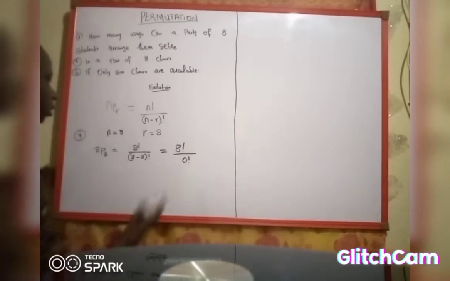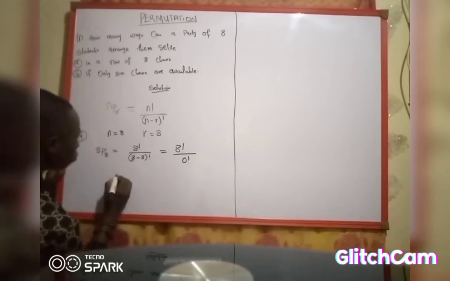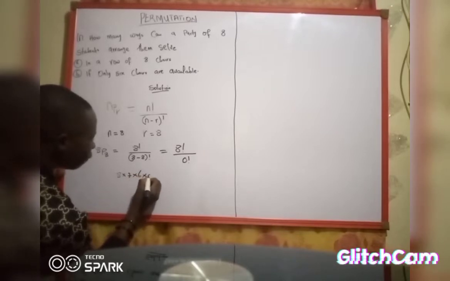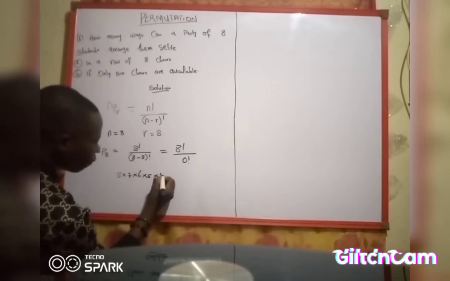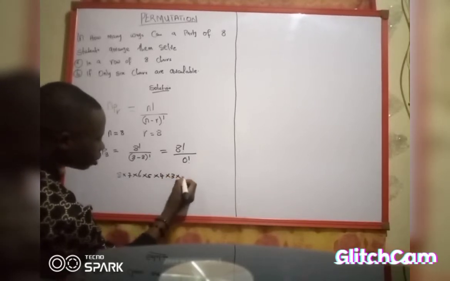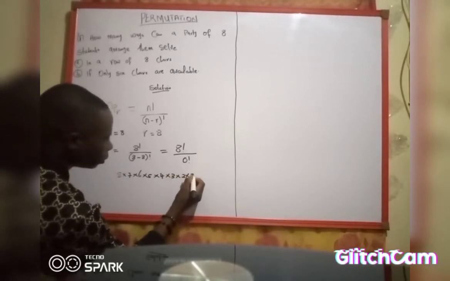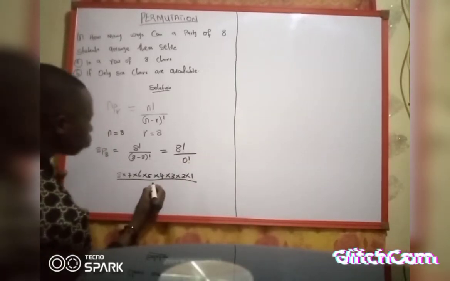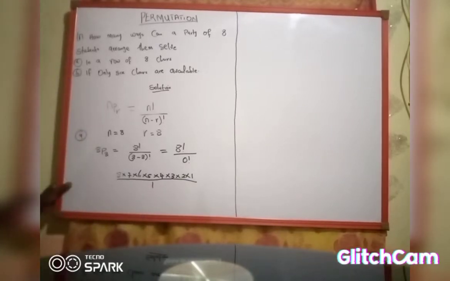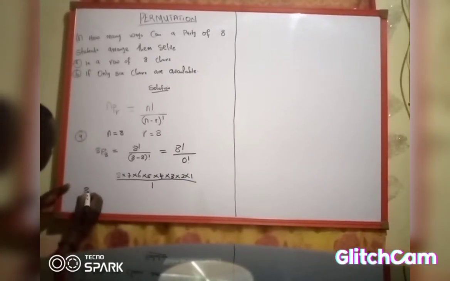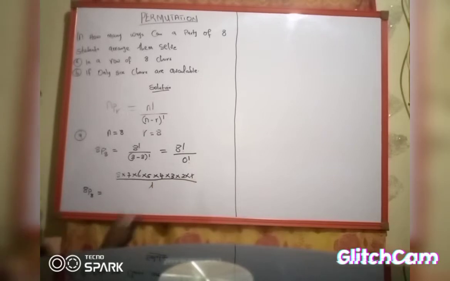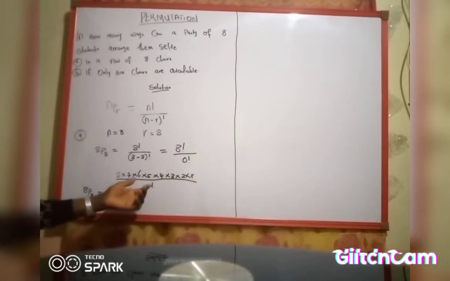So 8 factorial is equal to 8 times 7 times 6 times 5 times 4 times 3 times 2 times 1, all over 0 factorial, which is equal to 1. So from here, 8 permutation 8 will be equal to 8 factorial, because anything divided by 1 is still that thing.